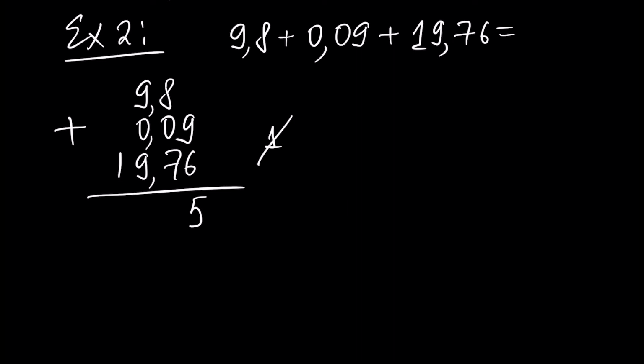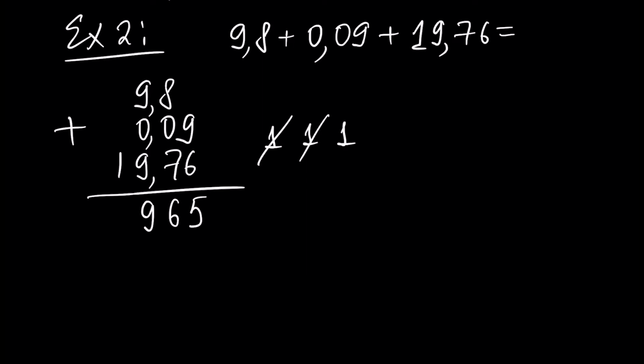We use this one. 16, what do we do with 16? We write the last digit 6 and remember 1 again. Next, 9 plus 0 plus 9 is 18, but we have 1 remembered, so 18 plus 1 is 19. We write 19, and 1 again is remembered.